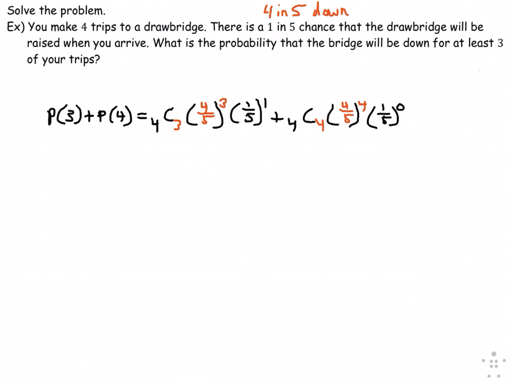So success is defined as a drawbridge being down, which there is a 4 in 5 chance of that happening, and I want 3 of those to occur, and its complement is 1/5, and I only want 1 of those to occur, and then all 4 times successfully driving without having to stop because the bridge is up is represented by that, and so you get the following answer. So using binomial probability, we find that 81.9% of the time you will not have to wait when driving across that bridge.